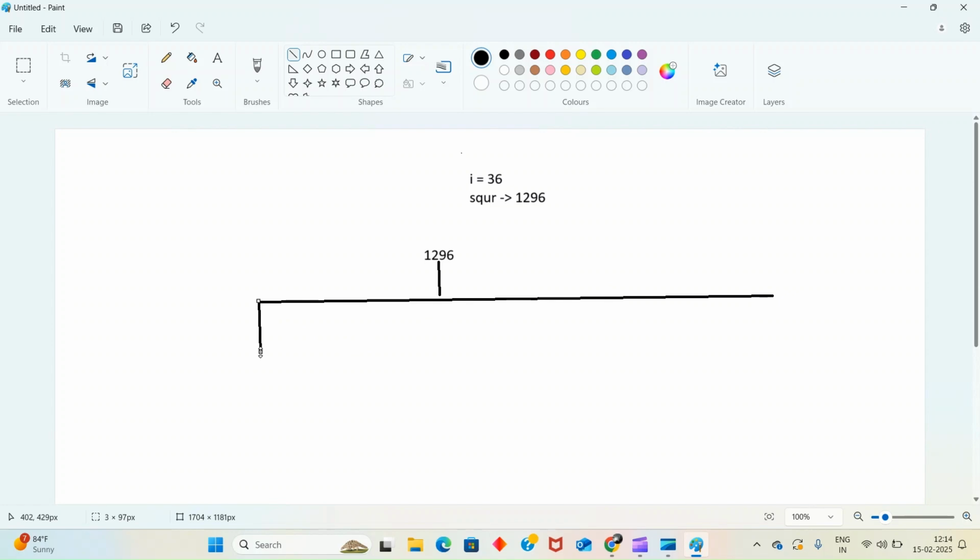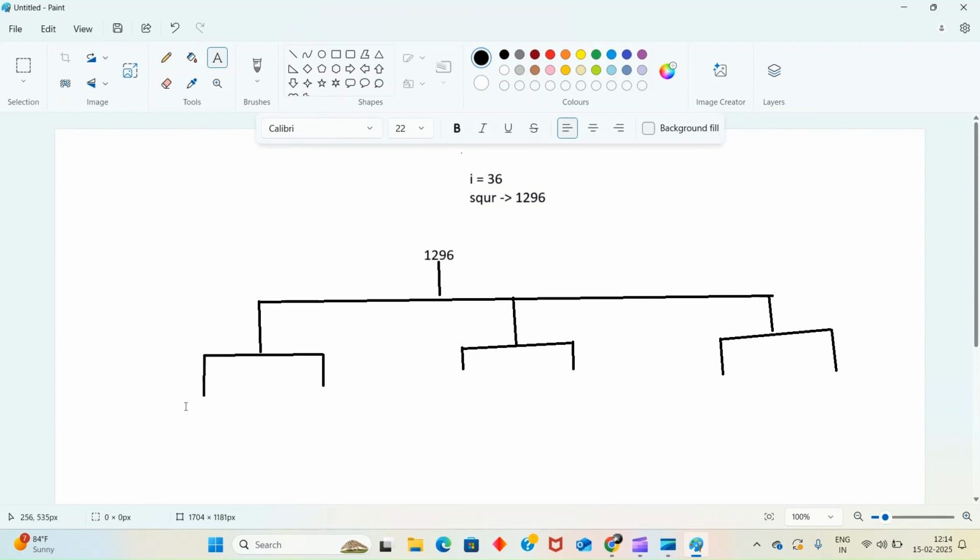One will be like, I'll write this. Okay, so like this. What will be here? Let me complete it, yeah. So here it will be one.